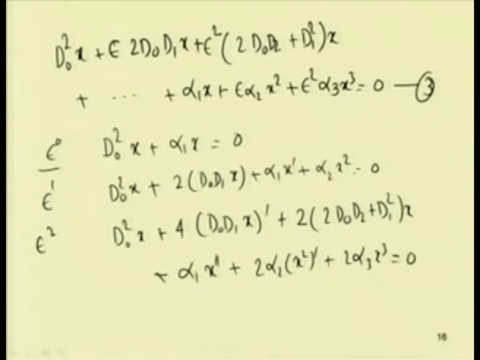So, in this way we can write by different orders of epsilon, and now by using this harmonic balance method, we can write the solution x in this form. This will be summation m equal to 0 to M. Let us take M number of terms, a_m.